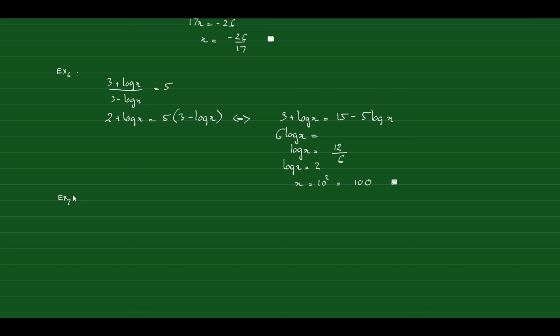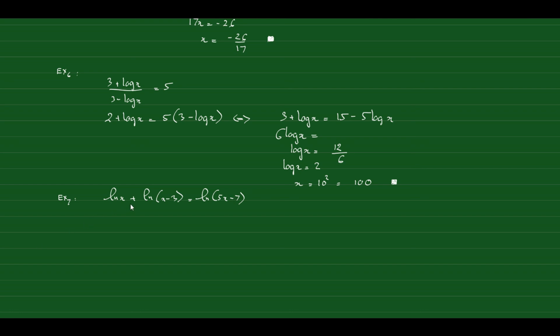Sorry guys, I'm trying to find something. Okay, let's just make something simple. So I have ln x plus ln of x minus 3 equal to ln of 5x minus 7.